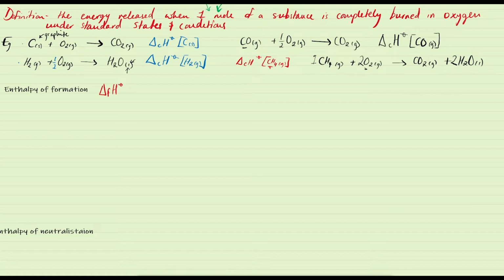Like I've said, standard symbol, standard states conditions, that's there as well. We want the definition. The definition is a little bit different with formation. We don't tend to see these reactions in the lab, so to speak, or you may not have come across these reactions typically in your chemistry course so far.